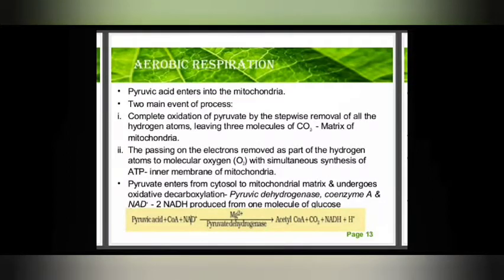So you can see the equation: pyruvic acid reacts with coenzyme A and NAD in the presence of the enzyme pyruvate dehydrogenase. Magnesium ions are used. The products are acetyl coenzyme A, carbon dioxide and NADH. Now this acetyl coenzyme A which is produced here will enter the Krebs cycle.